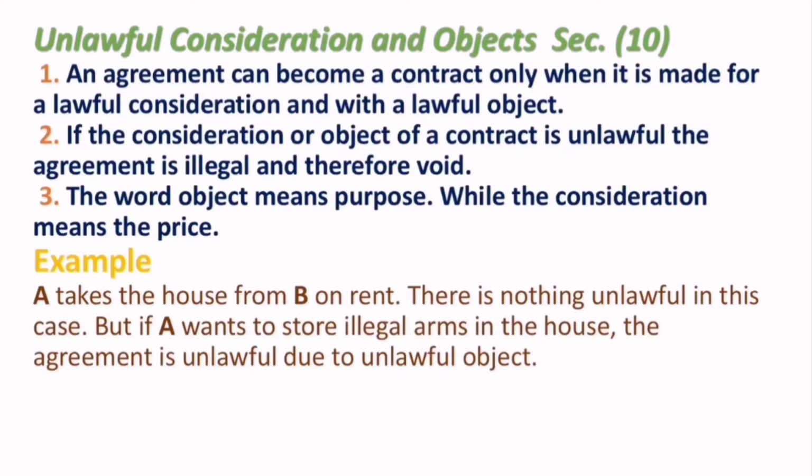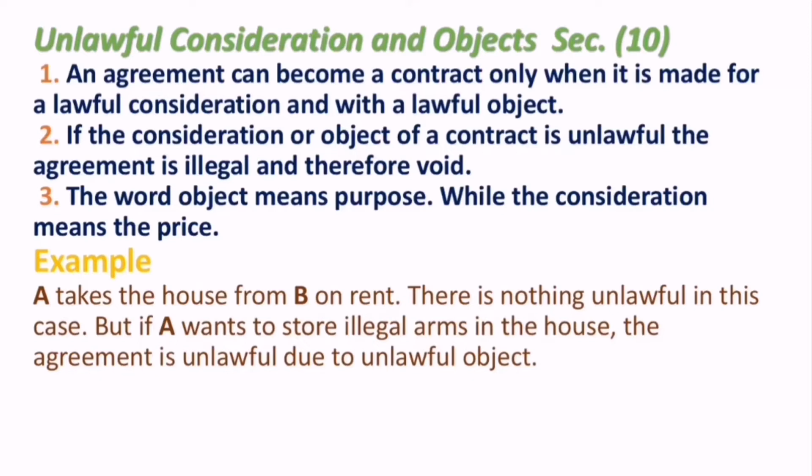An agreement can become a contract only when it is made with a lawful consideration and with a lawful object. So students, where the agreement is lawful, the contract would be valid, otherwise not.